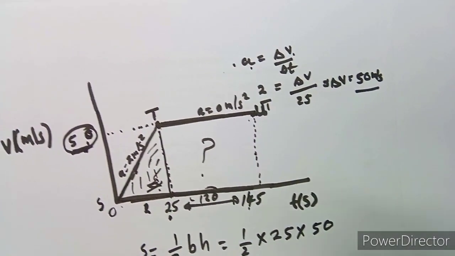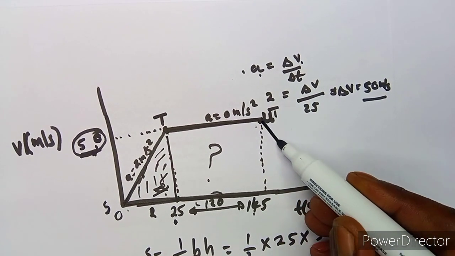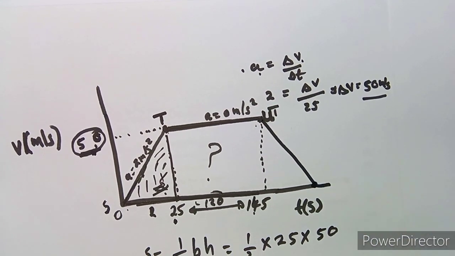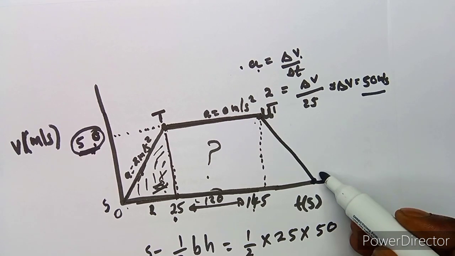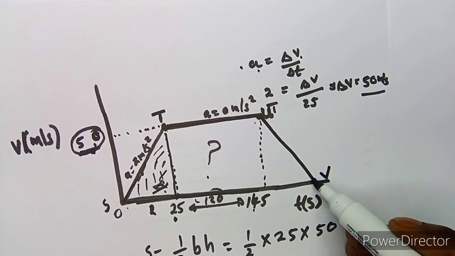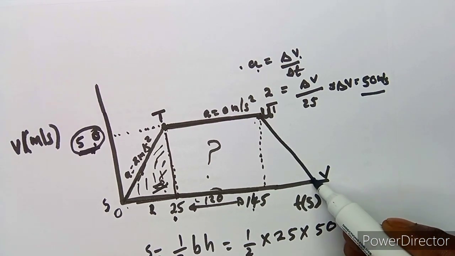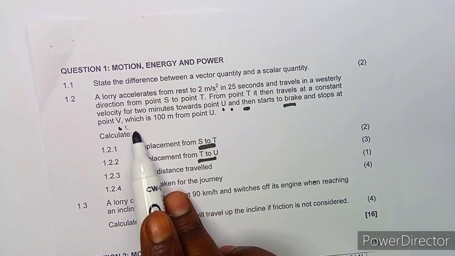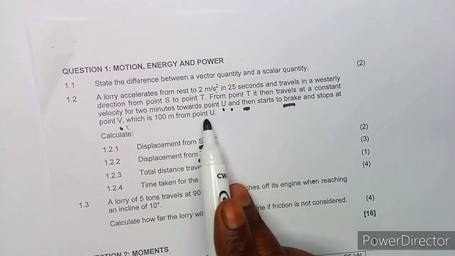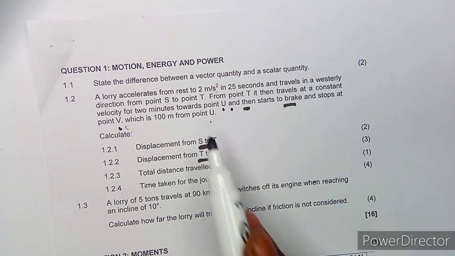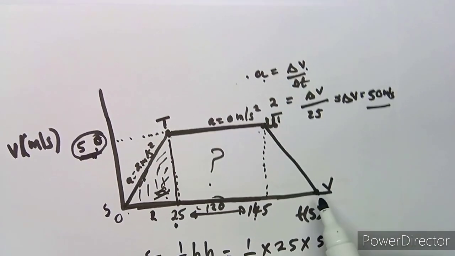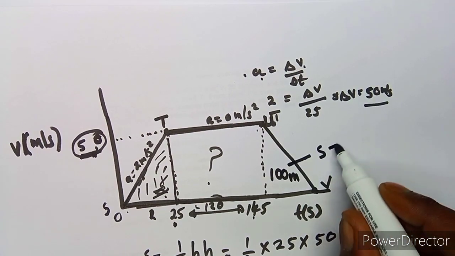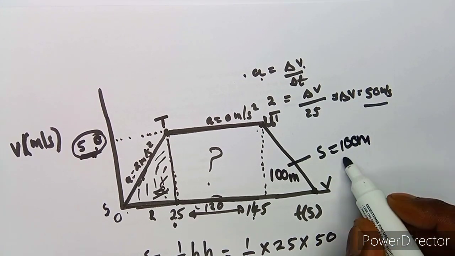So at the end we shall have our diagram like this, when the final velocity is 0. This is our point V, where we know that our final velocity is 0, but we do not know the time. We are given that it is 100 meters from point u. So in between u and v we have 100 meters, which means we are already given our s as 100 meters here.